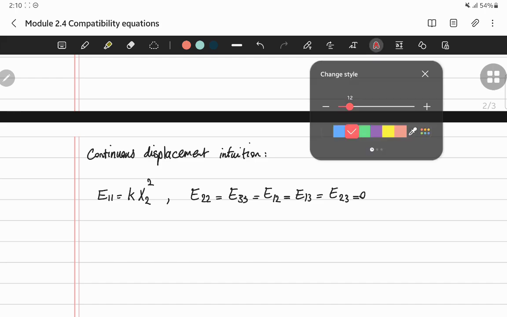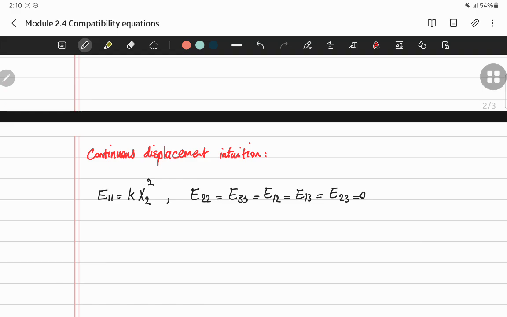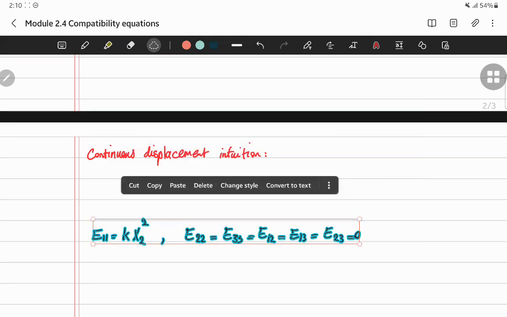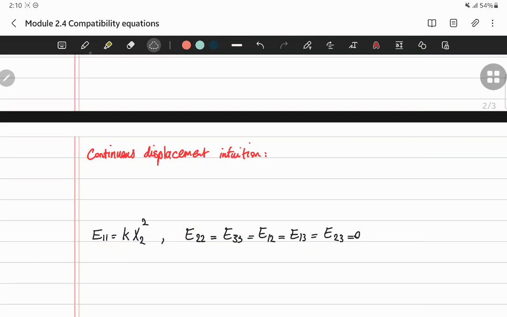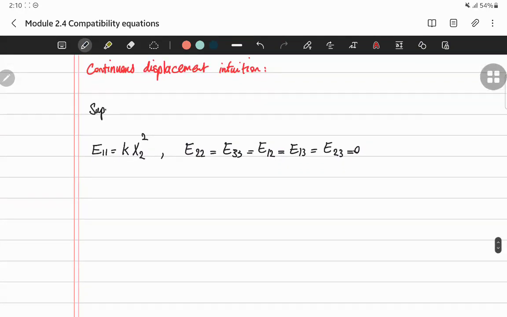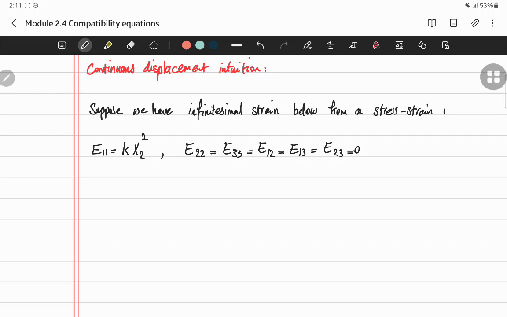Let's say that this is a title. So suppose below, we have the infinitesimal strain components from a strain relation.